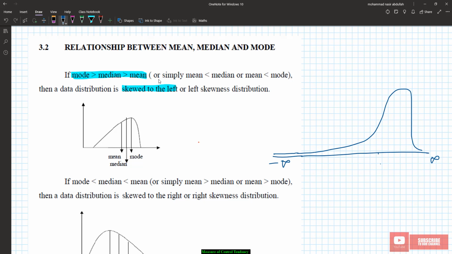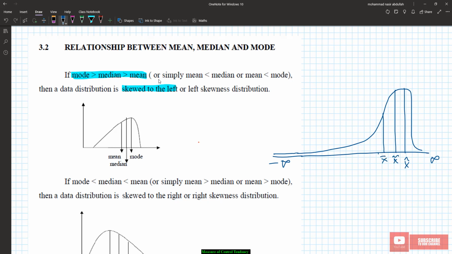So from negative infinity to infinity, when mode is larger than median, larger than mean. Sorry, I mixed it up: this is median and mean.